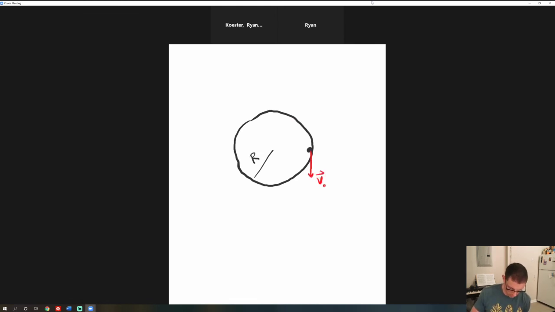And this is not you throwing yourself. This is the ball. I think that's probably clear to everybody. So there is angular momentum associated with this ball now as it has been thrown.